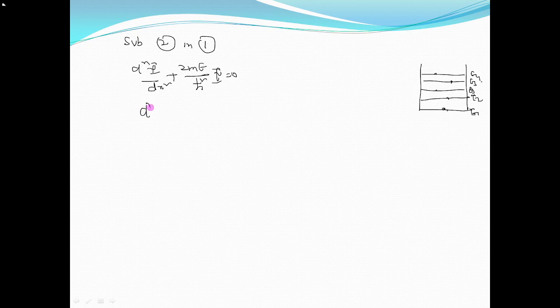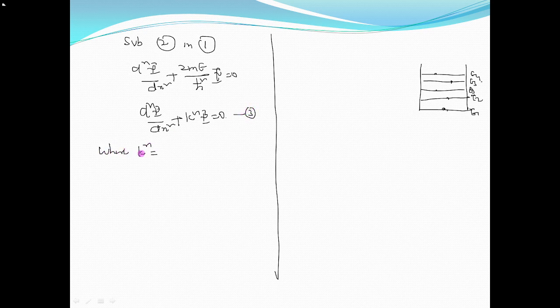This is equation number 3, where I have taken k squared as 2mE by h cross squared. This is equation number 4.